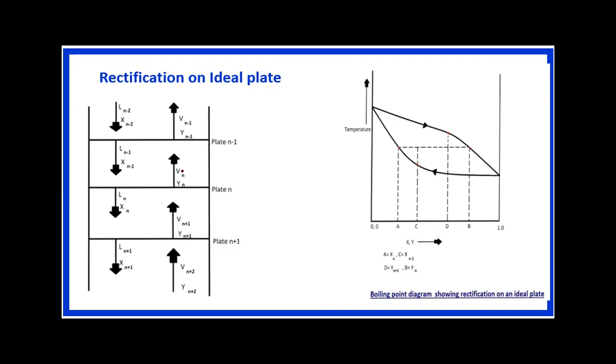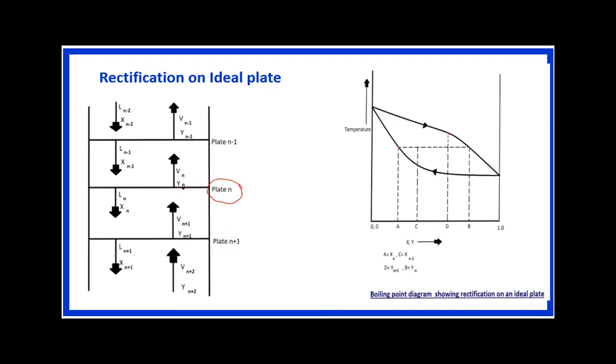If you observe, we can consider one plate as an ideal plate. Suppose this plate N is an ideal plate, and plate N minus 1 is above the ideal plate and N plus 1 below the ideal plate.